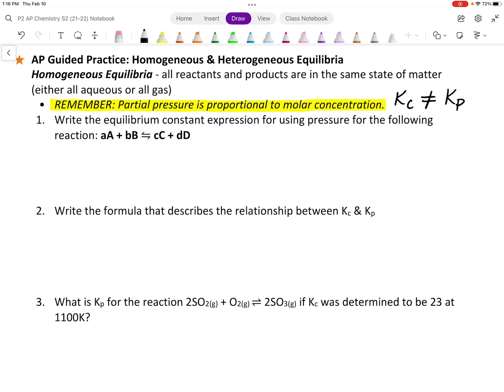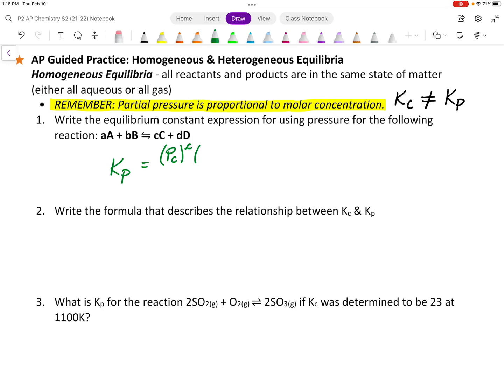So the first thing asks us to write the equilibrium constant expression using pressure for the following reaction, this just generic reaction. And so we've already done this, and we know that Kp is going to be equal to the partial pressure of our products raised to the coefficient of those products.